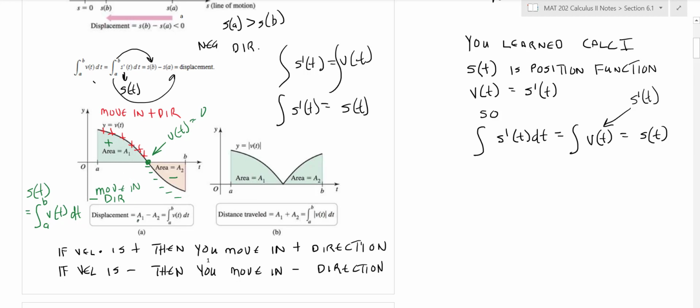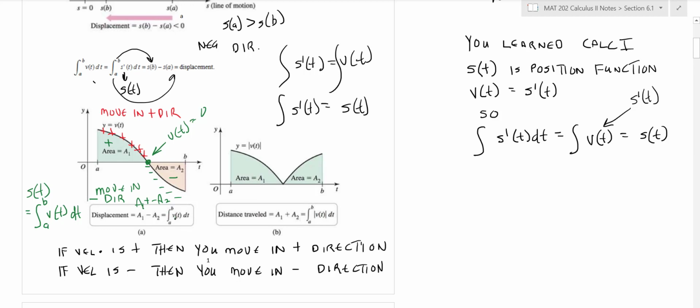So what happens then is we would do A1 positive, and then you're really just adding a negative A2 to that. That's why I say A1 minus A2. A positive region there is a positive number representing area, and a negative number represents area there. So that is what the displacement is.